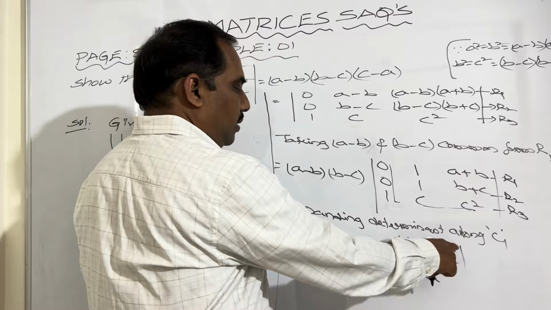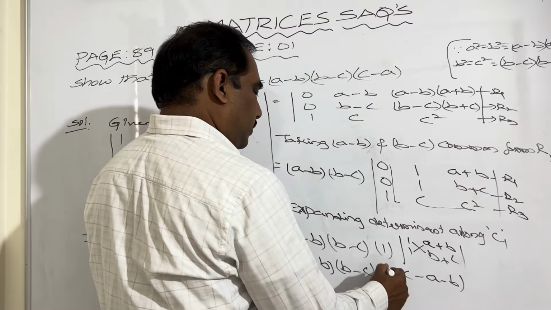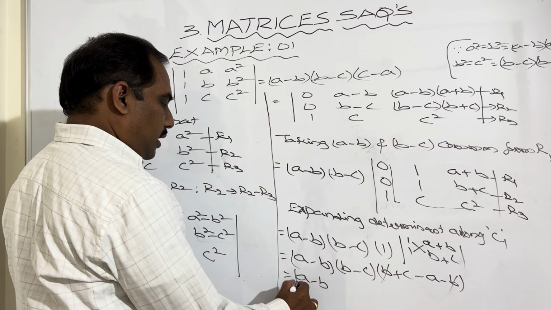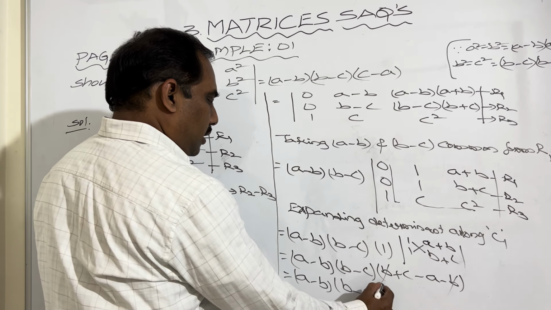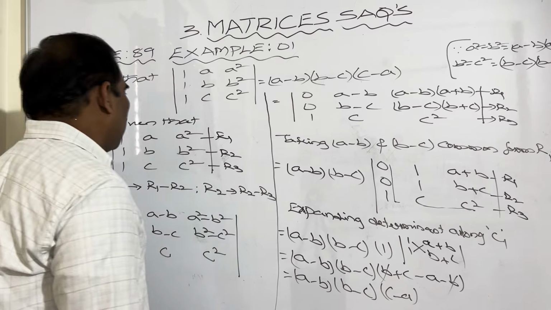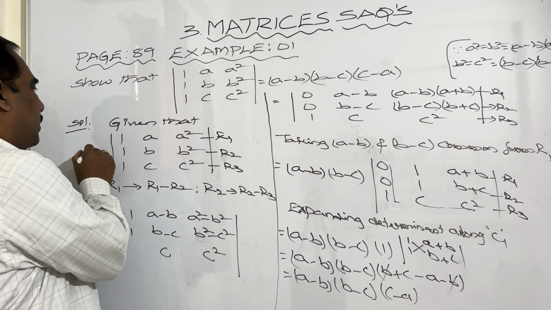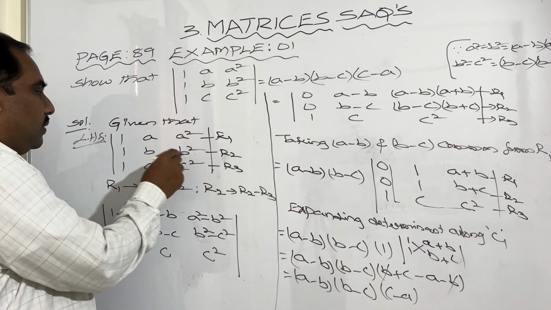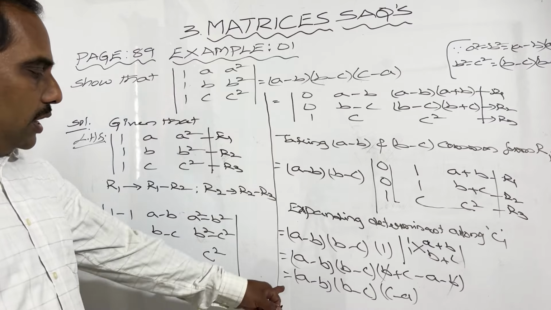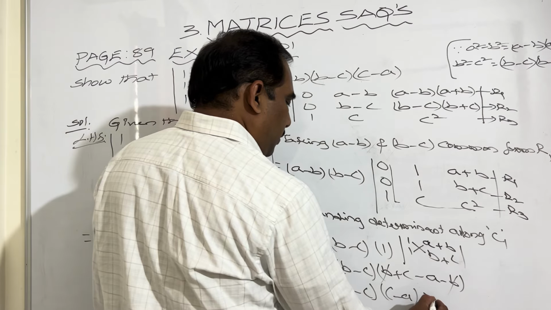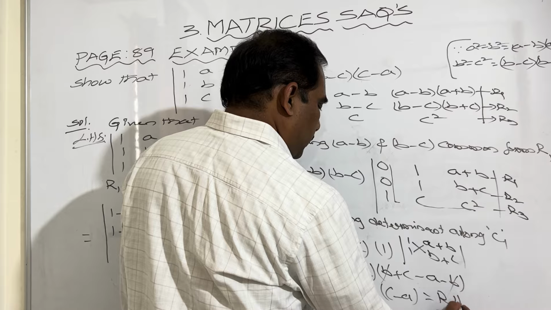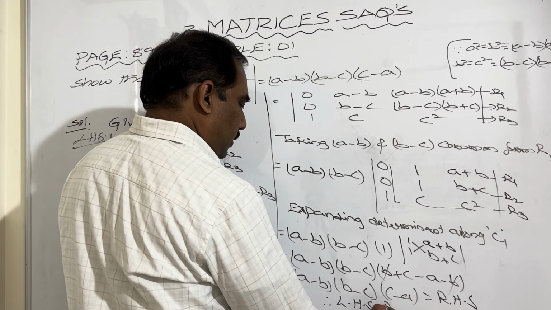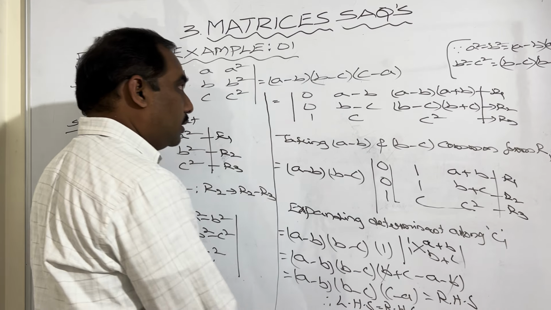Then minus A minus B, this is A. So finally B gets cancelled, and we get (A minus B) into (B minus C) into (C minus A). So this is the RHS. Given the LHS determinant of 1, A, A square; 1, B, B square; 1, C, C square, we get the RHS as (A minus B)(B minus C)(C minus A). Therefore LHS is equal to RHS. Like this we can prove it, this is a very, very important problem.